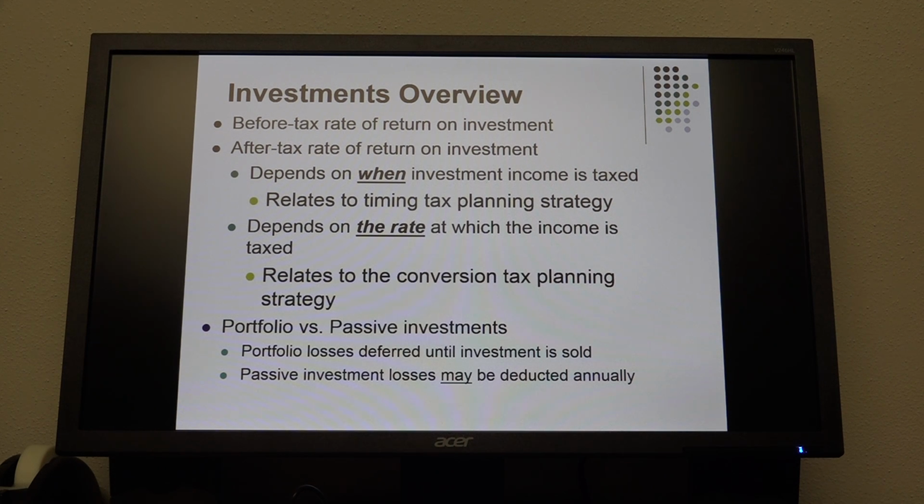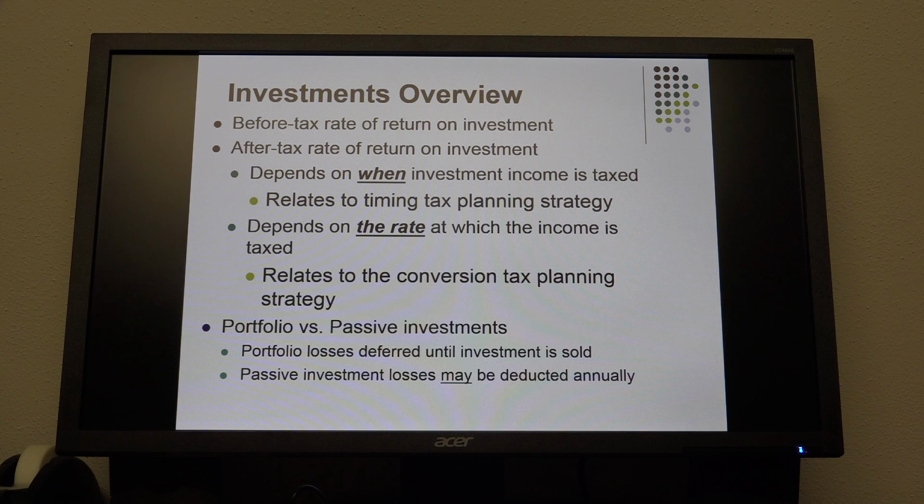Portfolio investment income, at least to the extent it's from interest, royalties, stuff like that, is going to be taxed in the year it's earned.